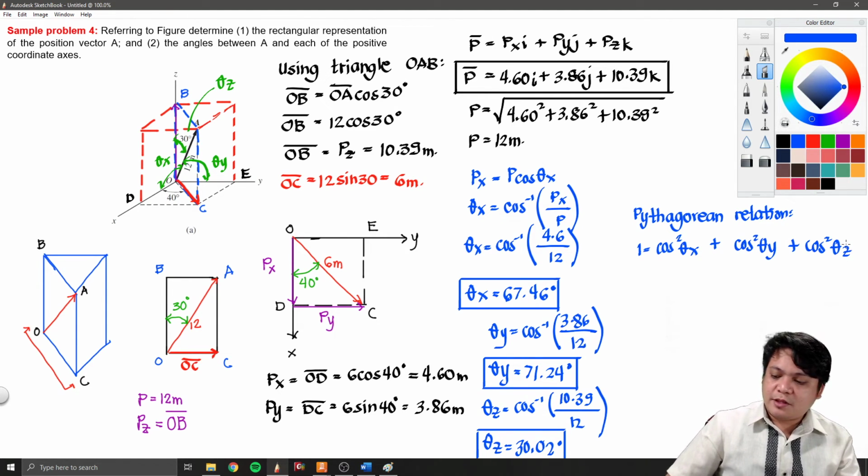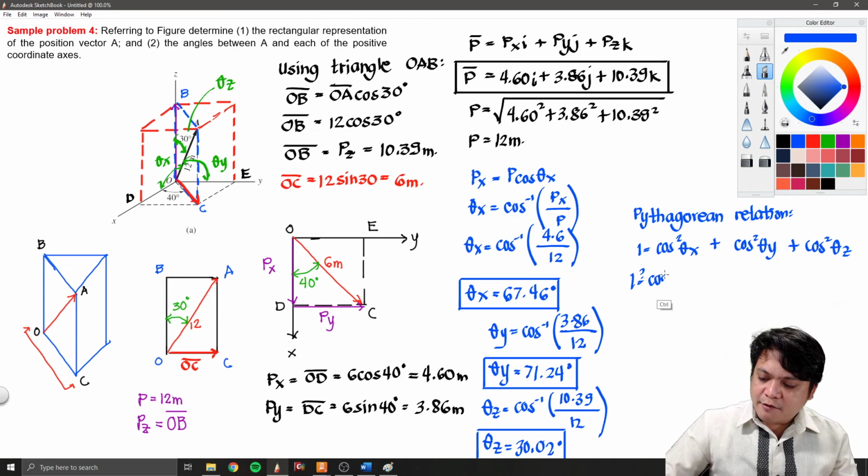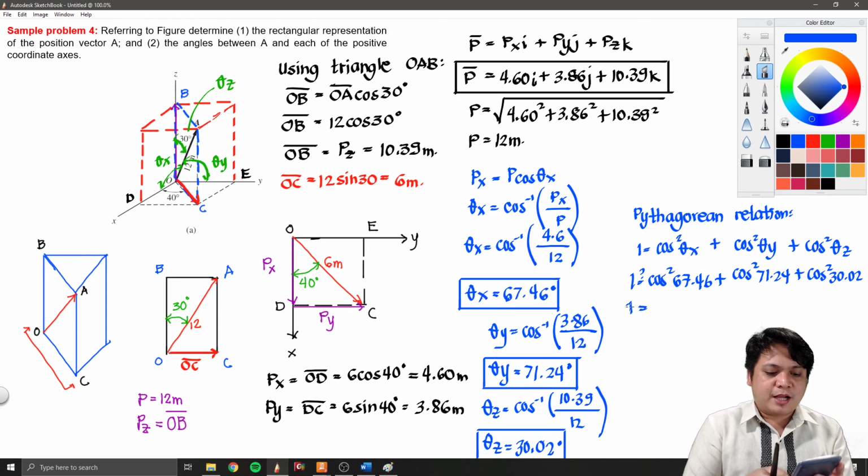Okay, so using the Pythagorean relations, i-check natin. Is 1 equal? So, we will be having here cosine squared 67.46 plus cosine squared 71.24 plus cosine squared 30.02. Okay? So, check natin kung 1 ba talaga sila.